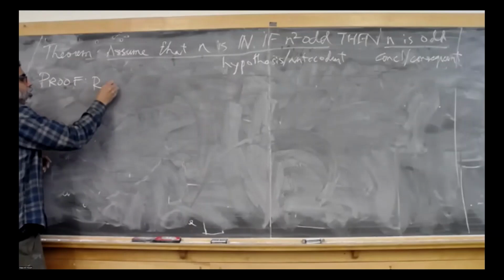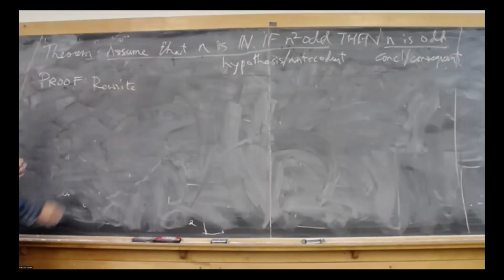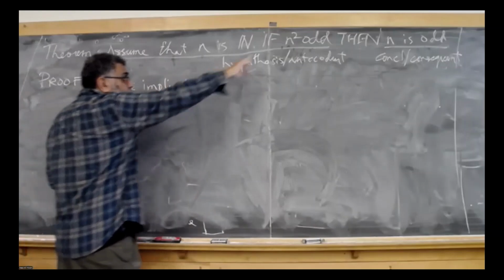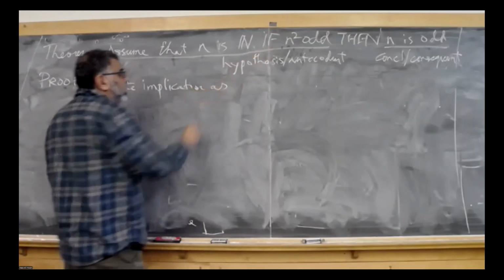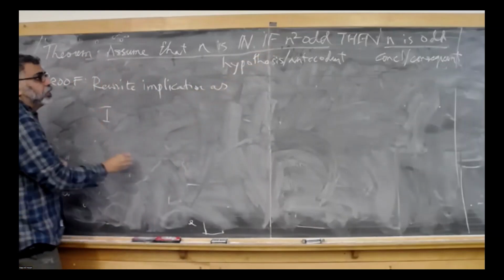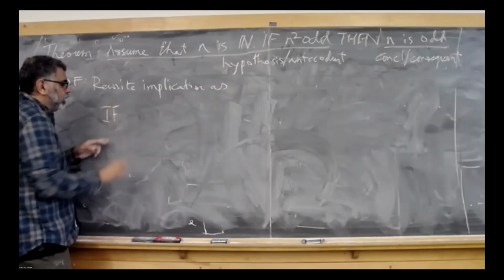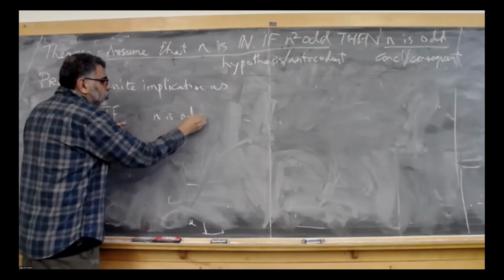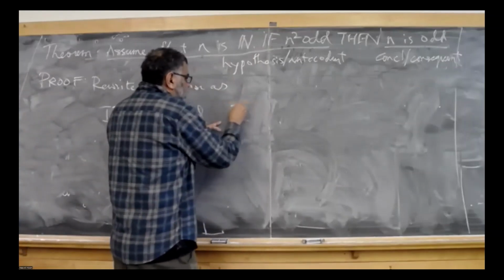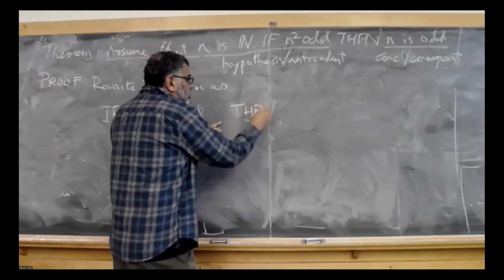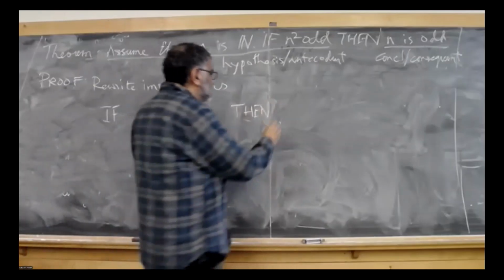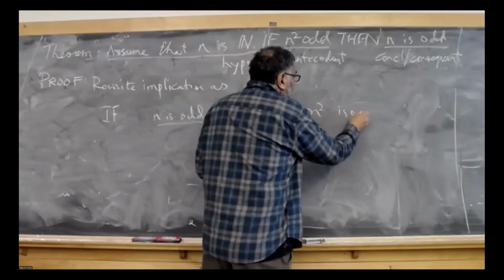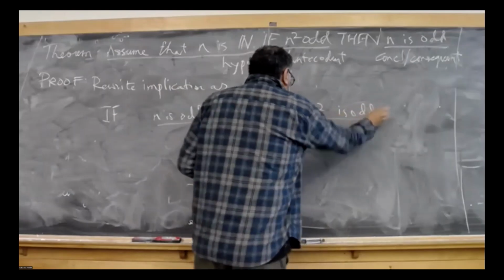Rewrite the implication, which is that if and then thing, as if, and notice if you're taking notes, leave some space here, n is odd, then n squared is odd. Okay.